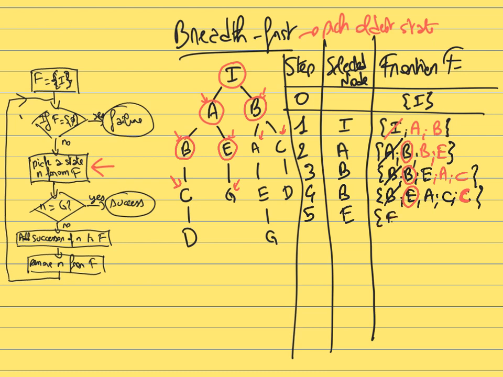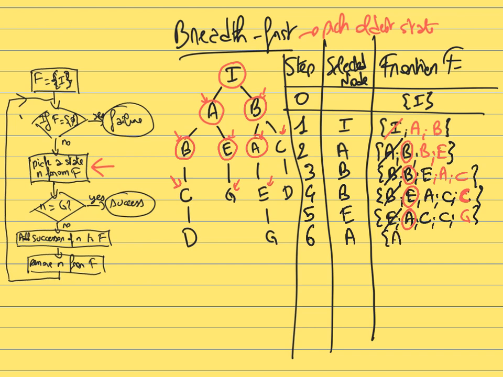So now you have E, you have state A, you have state C, you have the other state C. You just add the new state that you just found. You remove state E because you just visited it. You go to the next state, which is the oldest that you have not visited yet, which is state A. You expand A, you find E, you add it to the list of your frontiers.